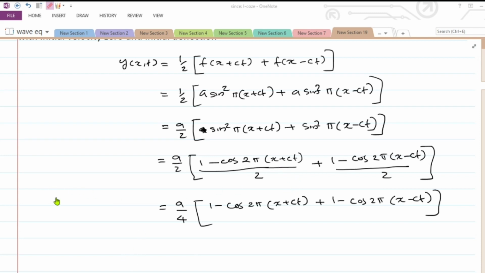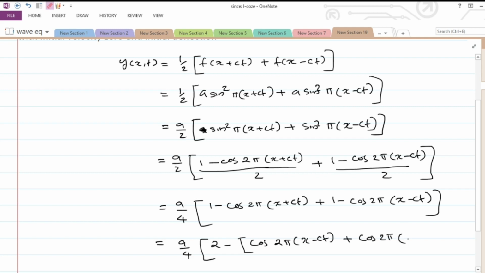We can take the 1s which are common together. So this is equal to a by 4 into 2 minus, we have two terms, cos 2 pi into x plus ct and cos 2 pi into x minus ct.